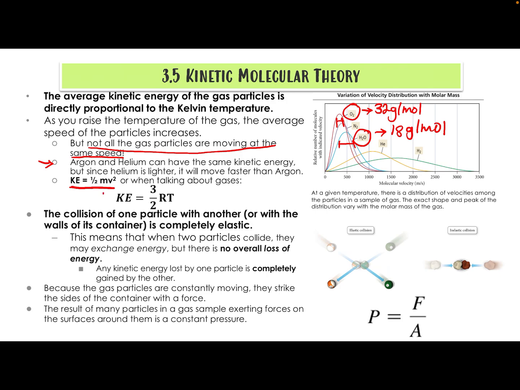And so if you have a greater mass, that means you're going to have a lower velocity. Or if you have a lower mass, that means you're going to have a greater velocity. And so even though your mass and velocity of particles may be different, your average kinetic energy can still be the same. But when we're talking about gases, we're talking about this at a certain temperature.